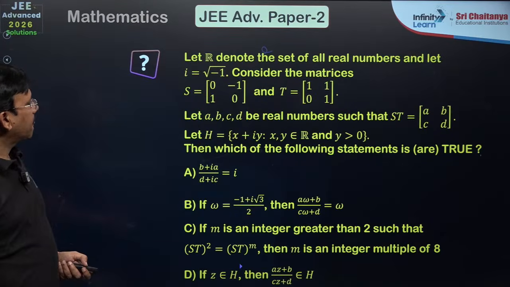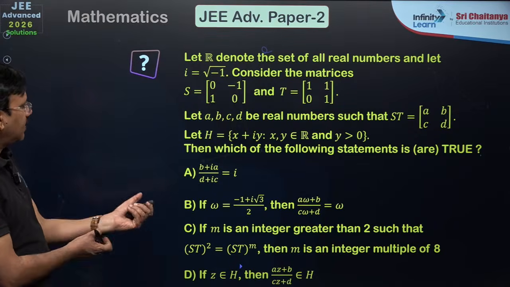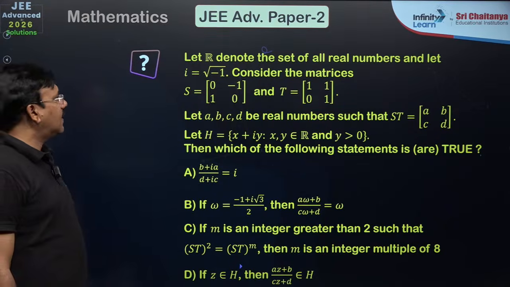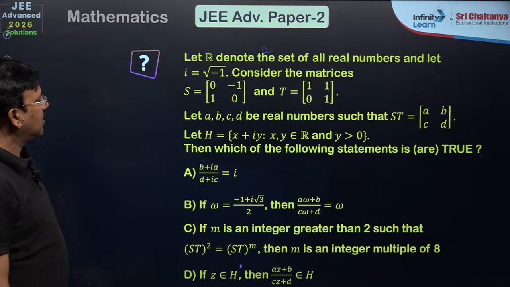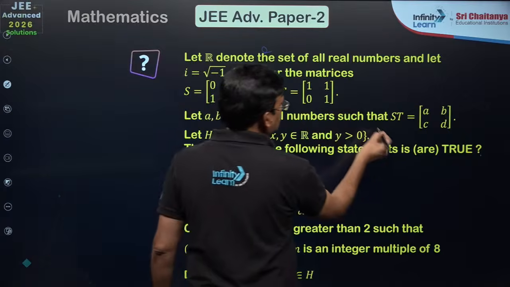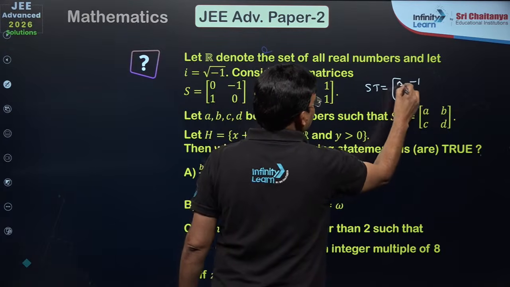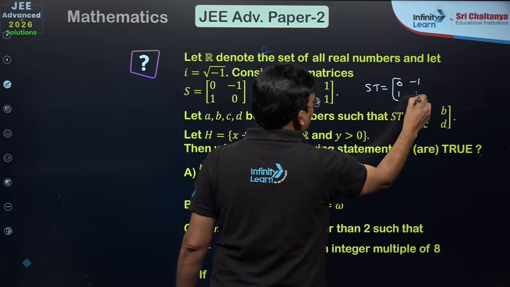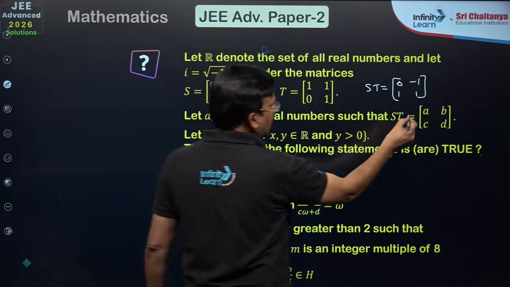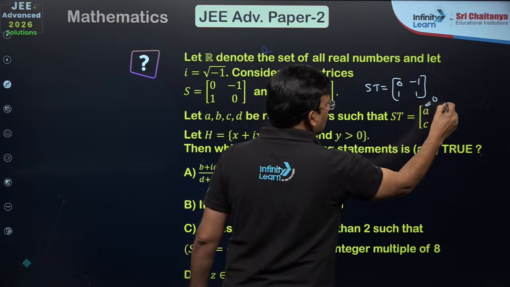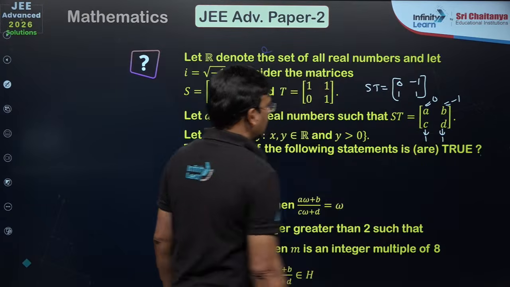The next, you see this question: R denotes the set of all real numbers. This question is quite interesting. If you just find ST, you will get ST to be 0, minus 1, 1, 1. That means a is 0, b is minus 1, c is 1, d is 1.